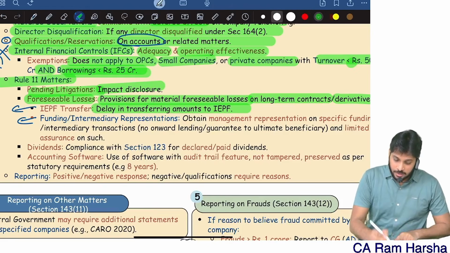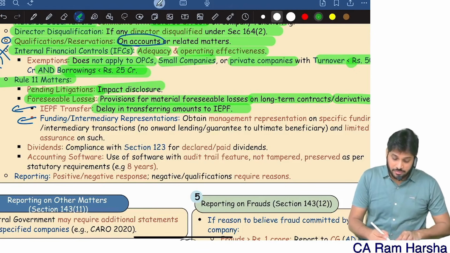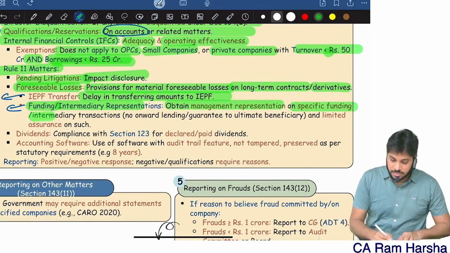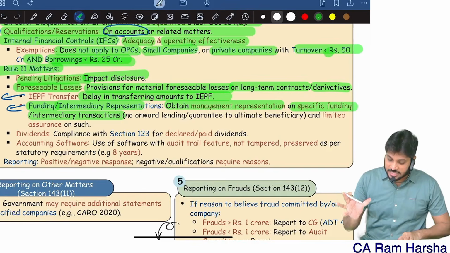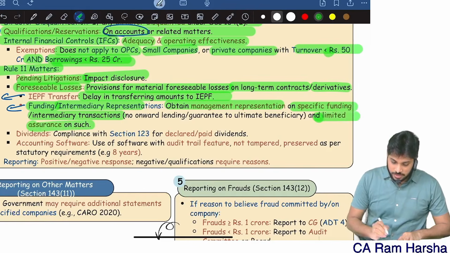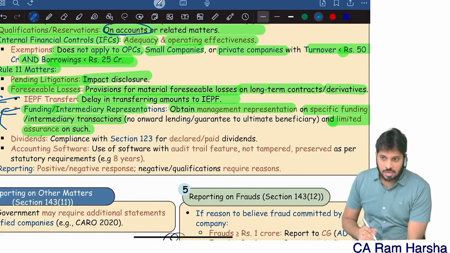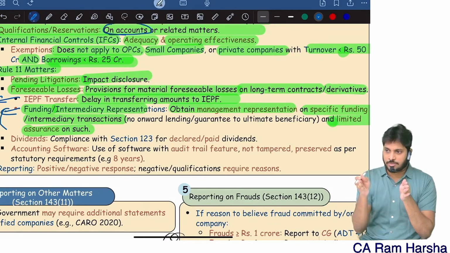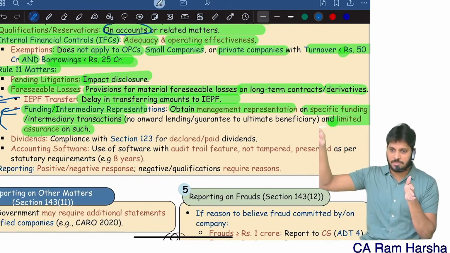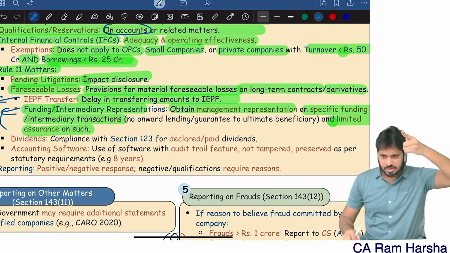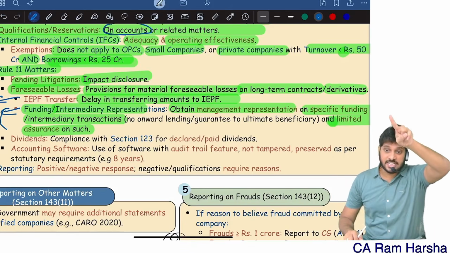Then the auditor has to verify funding party, intermediary, all that. You need to get a representation on specific funding or intermediary transactions, yes or no, and any assurance on that. Regarding this, I gave a more in-depth explanation in the main marathon. There will be a funding party giving funds to some intermediary, and the intermediary will be giving funds to the ultimate beneficiary. Most of these transactions will be disclosed in the financial statements itself. Apart from that, are there any transactions?